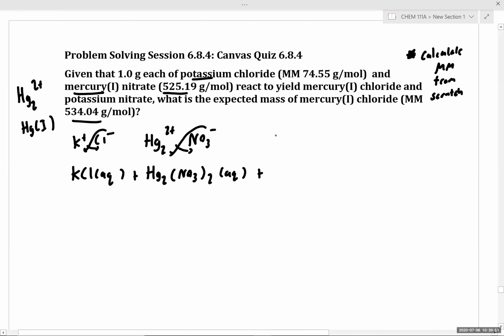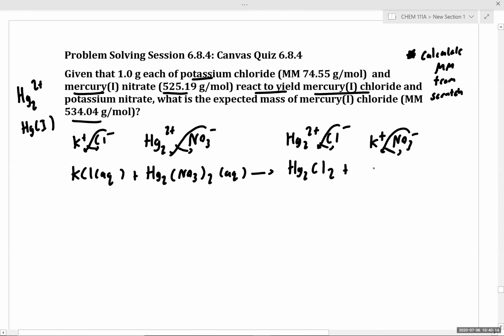Let's continue on now. React to yield, we draw a reaction arrow. Mercury 1 chloride, we have Hg2 2 plus, Cl minus. We cross our charges. That gives us Hg2 Cl2. And then potassium nitrate, we have potassium plus, NO3 minus. We cross our charges, and that gives us KNO3.